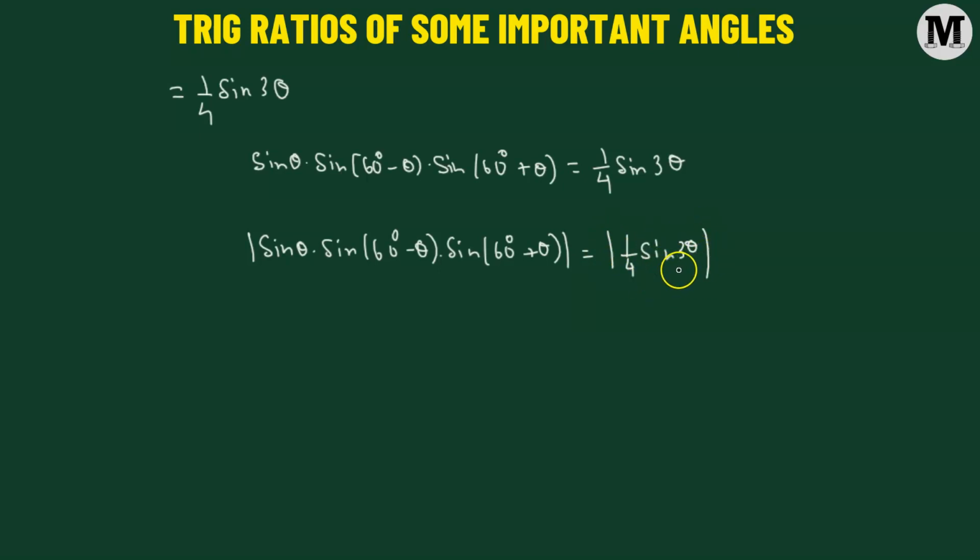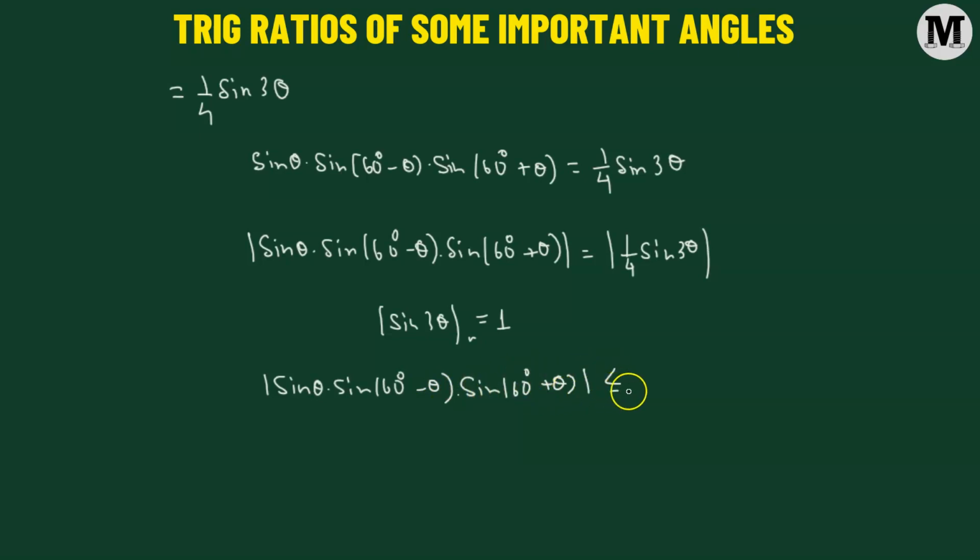Now we know that the maximum value of the absolute value of sine 3 theta is going to be equal to 1, which means that the absolute value of sine theta times sine 60 degrees minus theta times sine 60 degrees plus theta must be less than or equal to 1 over 4. So hence we have successfully proved the problem.